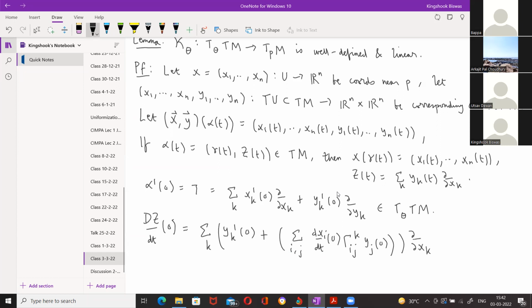Yes, we have this formula for the covariant derivative. It's the usual derivative plus a correction term coming from the Christoffel symbols, right? Yes?